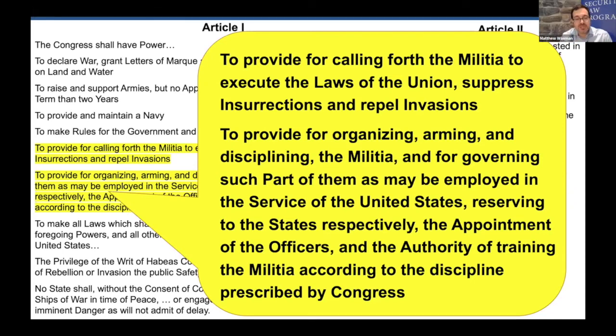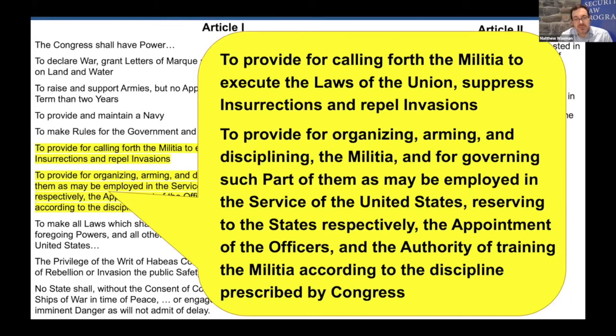Yeah, it's a great question, because as you say, a natural reading of this would be that in the event of some sort of emergency, Congress would directly call forth the militia, or say, all right, we are calling the New Jersey militia to come and deal with this insurrection or this particular invasion.